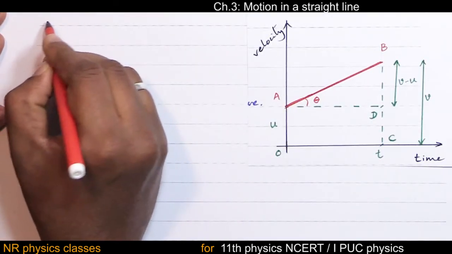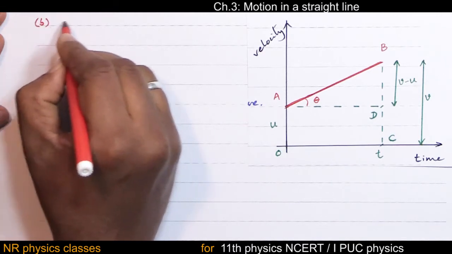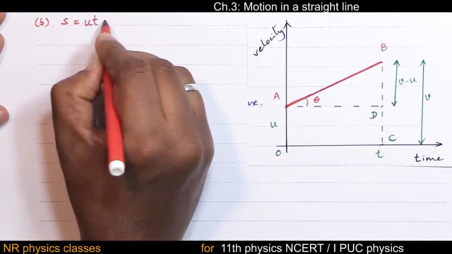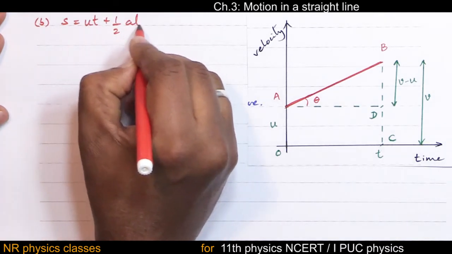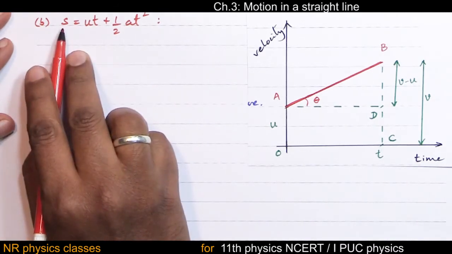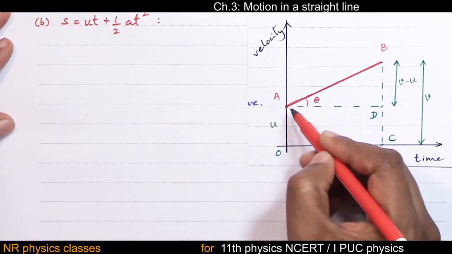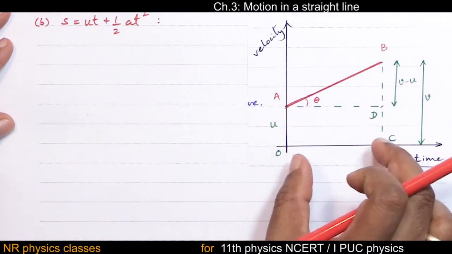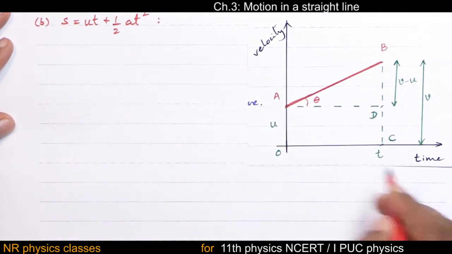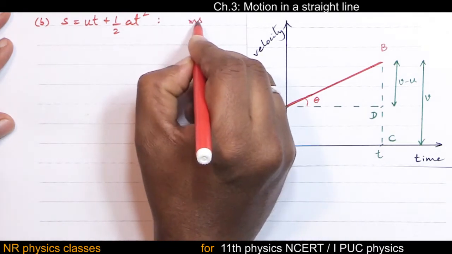Next equation, s equal to ut plus half at square. So displacement: area under the velocity time curve gives displacement. Velocity is meter per second.